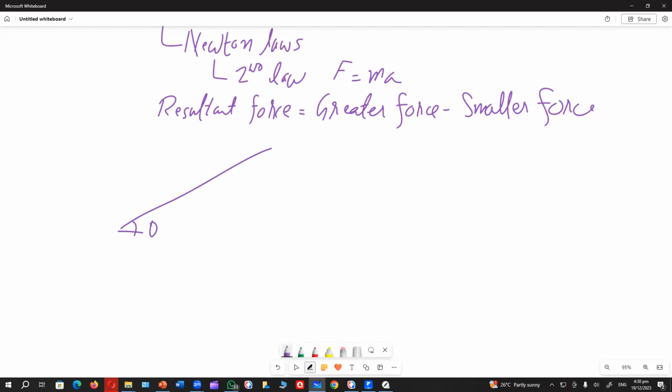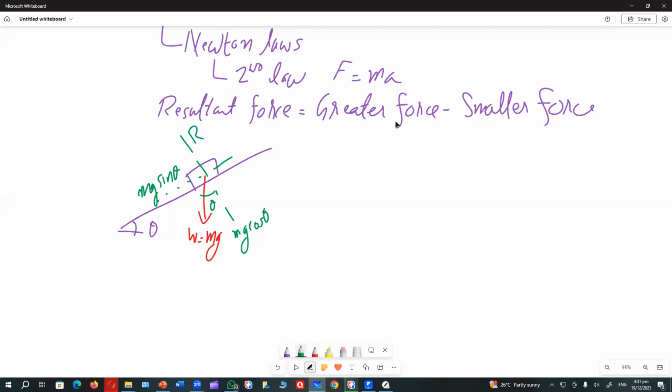Like the inclined plane. When you put something on an inclined plane, you see the weight is acting downward. So you have to resolve the weight, like this is the line and you make a theta here. So you will get mg cos theta, and here you will write mg sine theta.